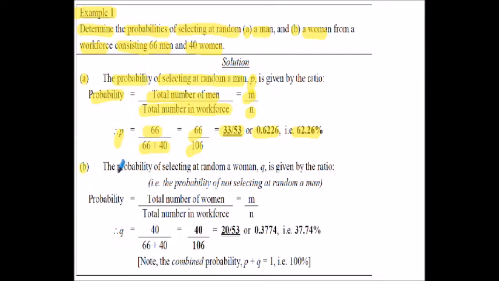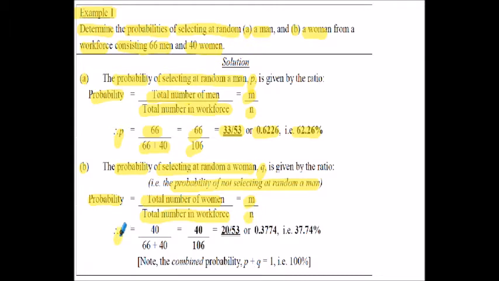Part B. The probability of selecting at random a woman, we denote that as Q. Note that that could also be written as the probability of not selecting at random a man, another way of saying the same thing. So the probability in this case will be the total number of women over the total number of people in the workforce, M upon N again.